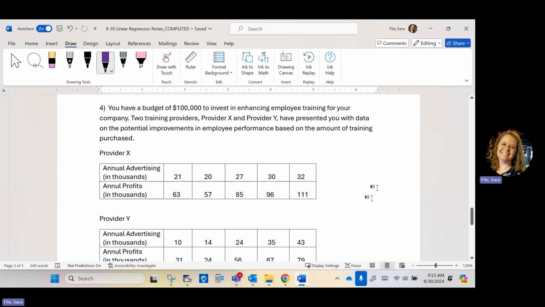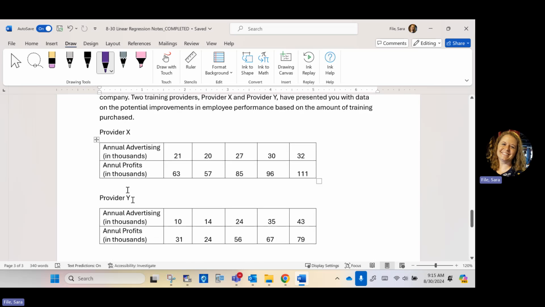So this says that you have a budget of $100,000 to invest in enhancing employee training for your company. 2 training providers, provider X and provider Y, have presented you with data on the potential improvements in employee performance based on the amount of training purchased. Okay, so we can see we've got provider X's data and provider Y's data.